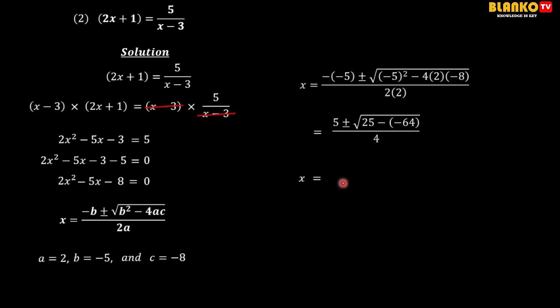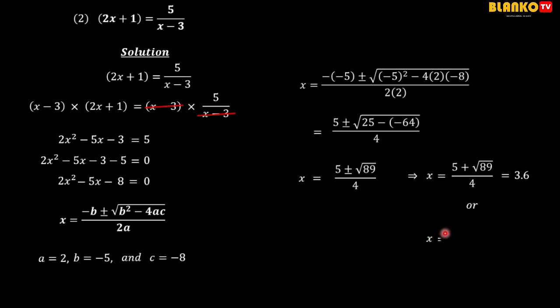So x is equal to what? 5 plus or minus the square root of 89 over 4. 25 minus negative 64 is what? 89. So this means that x is equal to 5 plus the square root of 89 over 4, which is equal to 3.6.